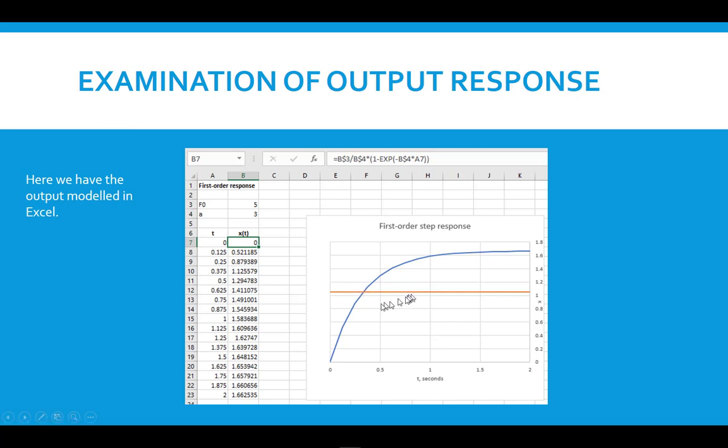So this level here is 63.2% of the final value, 1.67. And so I draw that across there, and actually what we'll see if we look closely is that this time would be 0.3333 because the time constant is 1 over a. So 1/3, and that's 0.333. So it takes 0.33 seconds for the first order response to reach 63.2% of its final value.